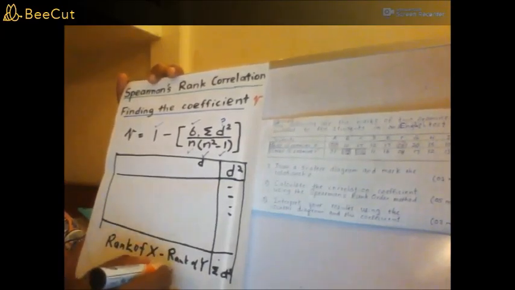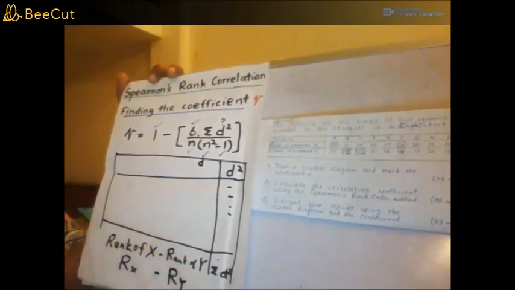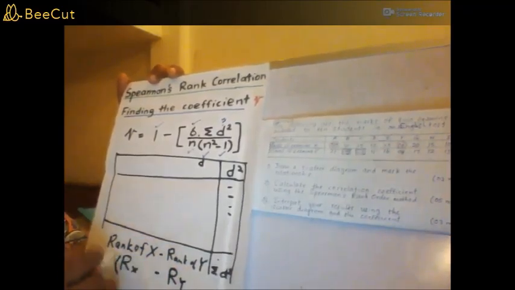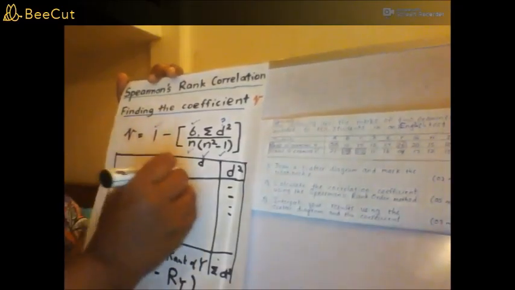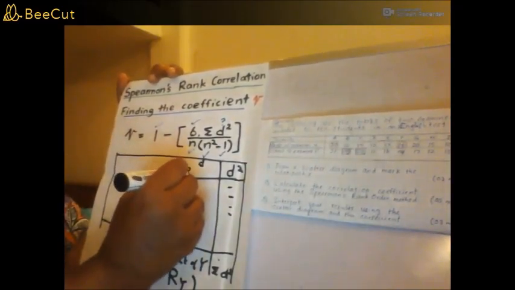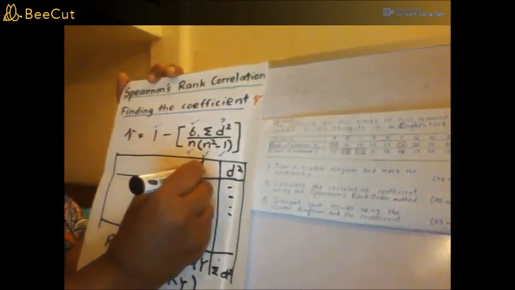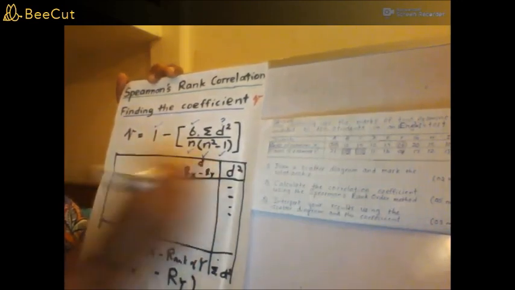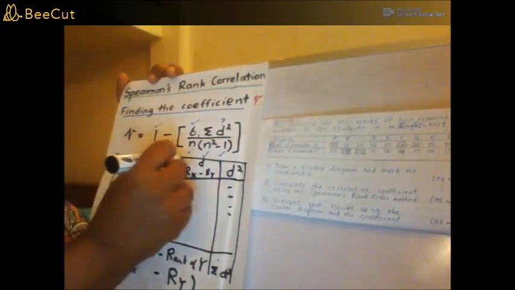Then rank of y. That is our d, rank of x minus rank of y. So here we write rank of x minus rank of y.